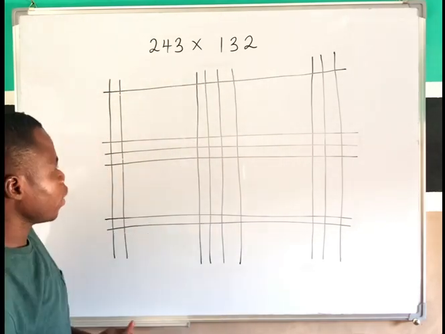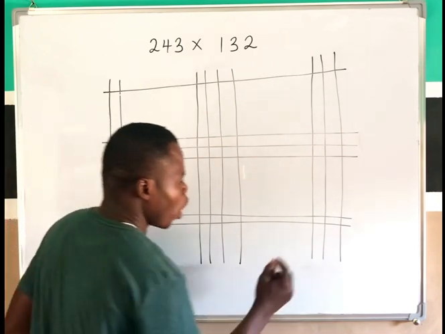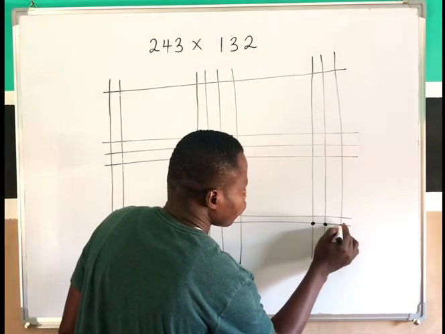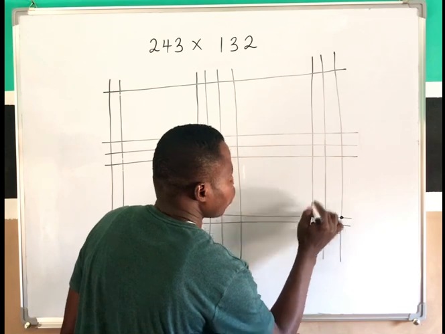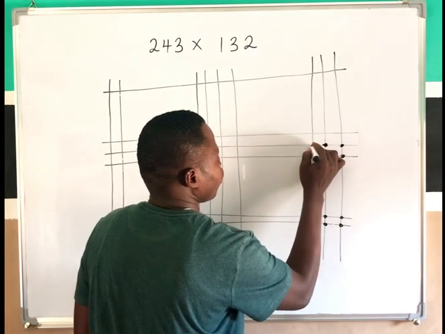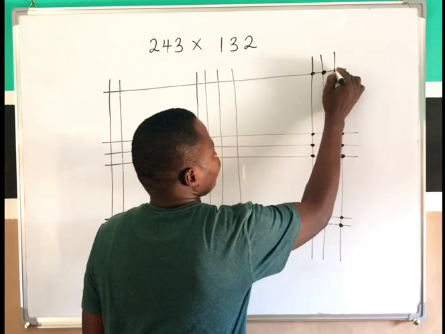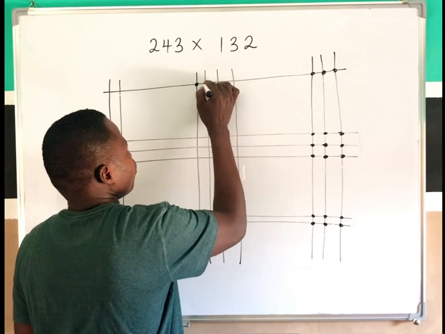Then after this, where these lines are meeting, you put dots there. So I'll come here, put a dot, move to this place, another dot, where they are meeting. Here the same. Here, the same.